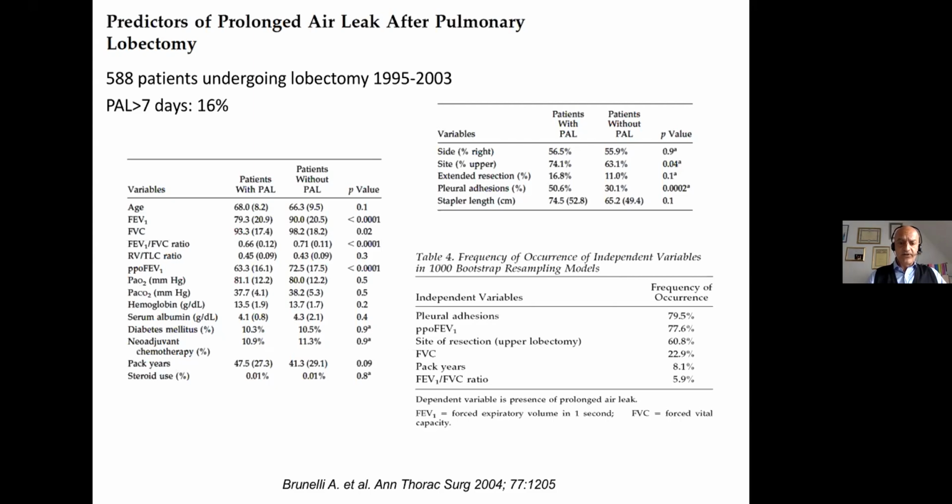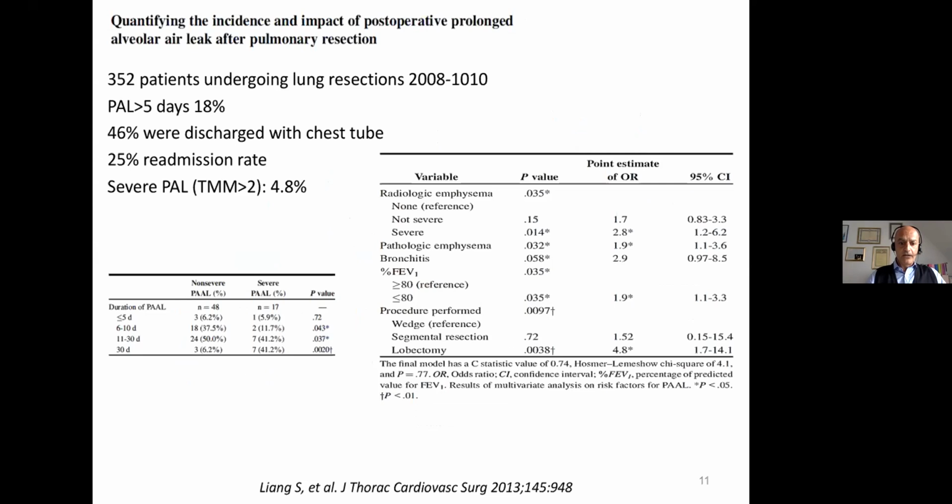So these were the 3 most consistent variables in all bootstrapped models. These were patients undergoing lobectomy through an open approach at that time. And you will see in the following studies that more or less these factors recur.